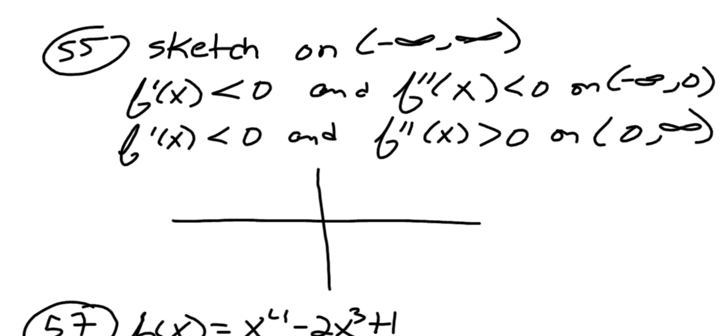So we have, for example, it says sketch on the graph from -infinity to infinity, where the first derivative is negative, so we're decreasing. And the second derivative, or really think of that second derivative as the rate of change of the tangent lines to the function.